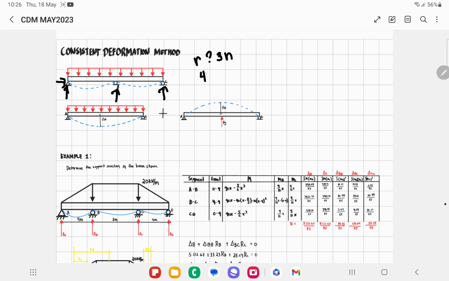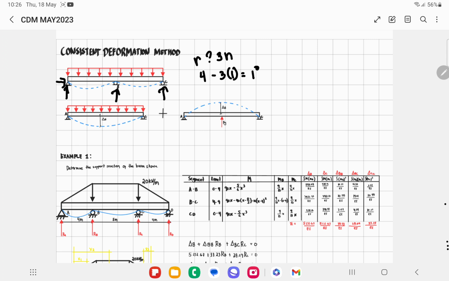So we have 4 unknown reactive forces, and then we have only one part. Therefore, the indeterminacy of this beam is at the first degree. Okay? So therefore, yung concept niya is we have to remove one redundant reaction from our beam. Okay? So to achieve or to get the primary structure. So we have to remove this redundant reaction here or redundant support.